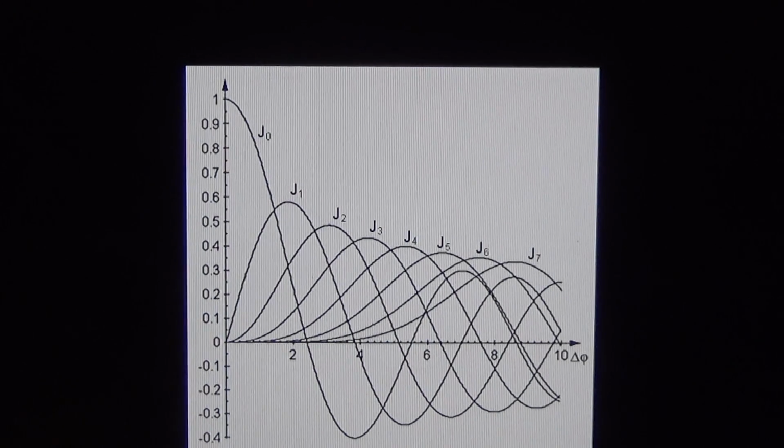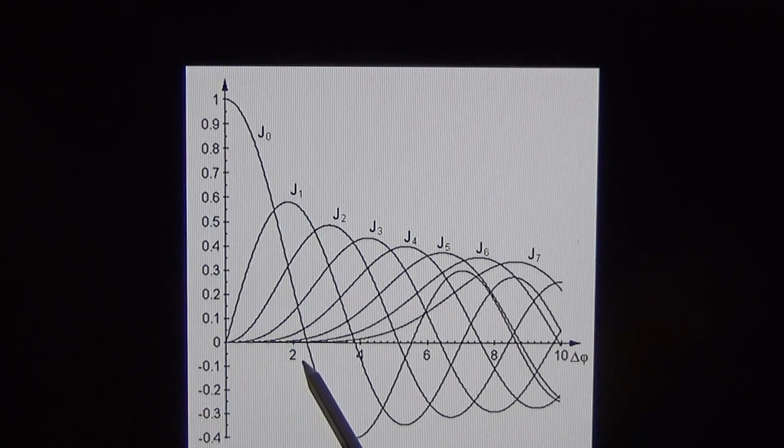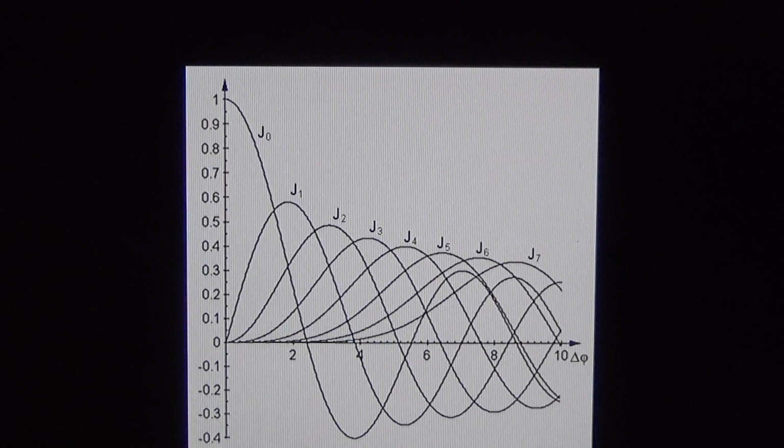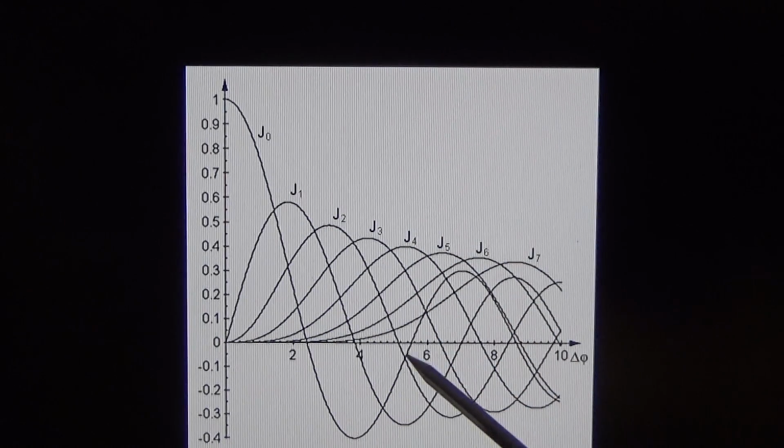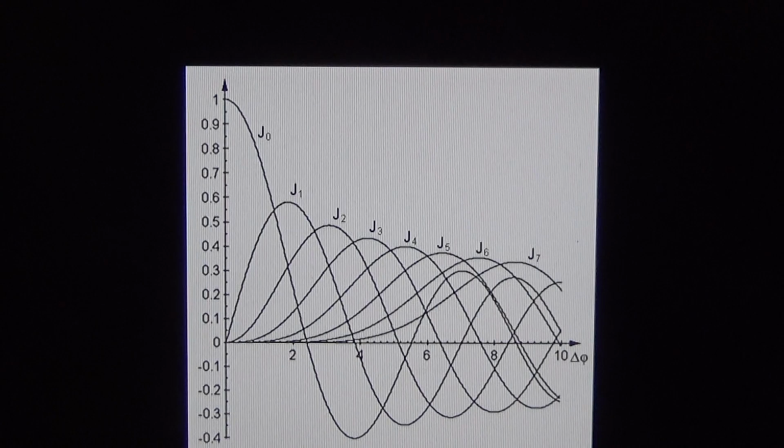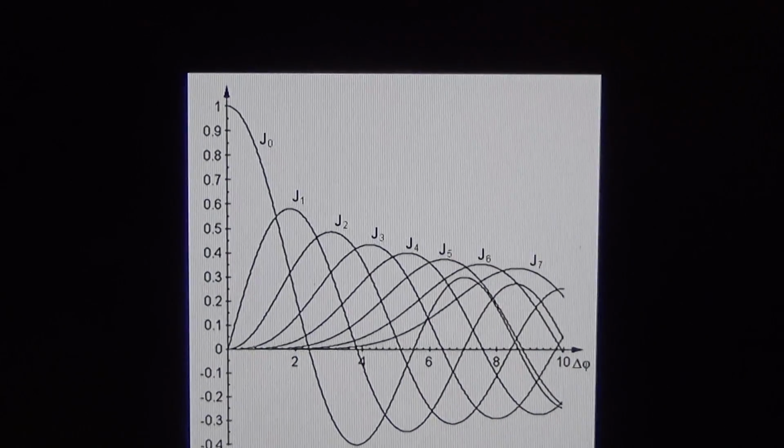And well, it is exactly 2.4048, but we do not need all these digits. If we only know that the first 0 point finally is at 2.4, then we can use the first 0 point when our wave is going through 0, okay? And when we know that it is at 2.4, we really can go ahead with this information.